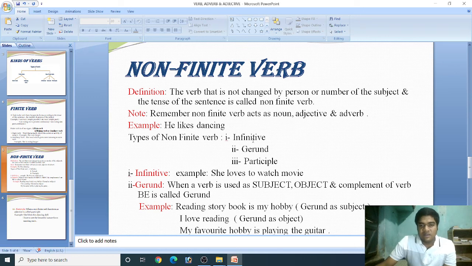Infinitive is used as adverb, gerund is used as subject, object, and complement of be verb, and participle is used as adjective. This is what you need to remember: a non-finite verb, though it's a verb, is not acting as a verb. It only functions as noun, adjective, and adverb in the various cases that I have talked about.